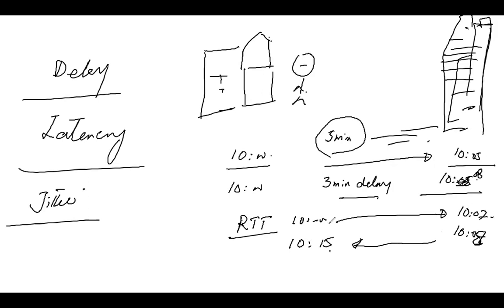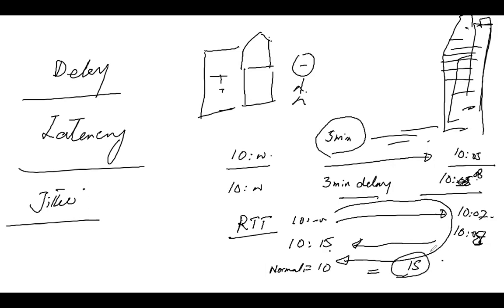So when you are taking delay in round trip time, he starts from here and then comes back here. That is called round trip time. You can see 5 minutes from this side, 5 minutes from this side, the normal time is 10 minutes, but he actually took 15 minutes.